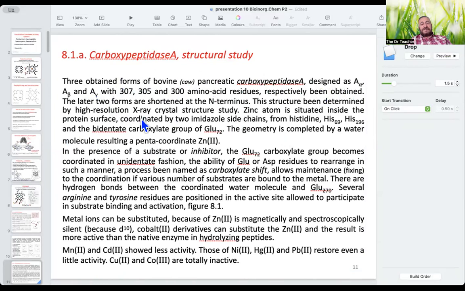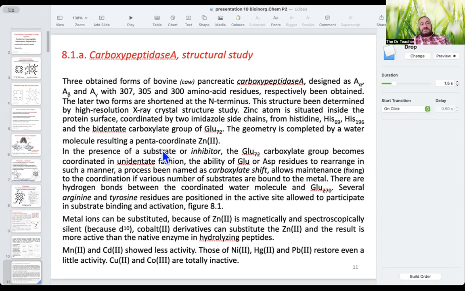So here it talks about the carboxypeptidase structure, which is being talked about in detail, and how it is coordinated to the zinc, where the zinc is, and which groups around the zinc are bonded.